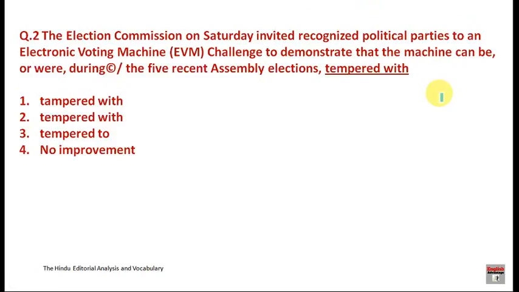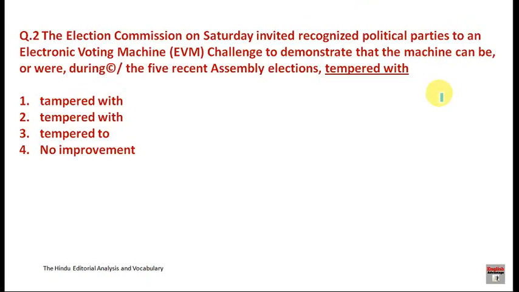Question number 2. The Election Commission on Saturday invited recognized political parties to an electronic voting machines challenge to demonstrate that the machine can be overvoted during the 5 recent assembly elections tampered with. Now this is a question of sentence improvement, and just notice the spelling of tampered with. T-E-M-P-E-R-E-D.